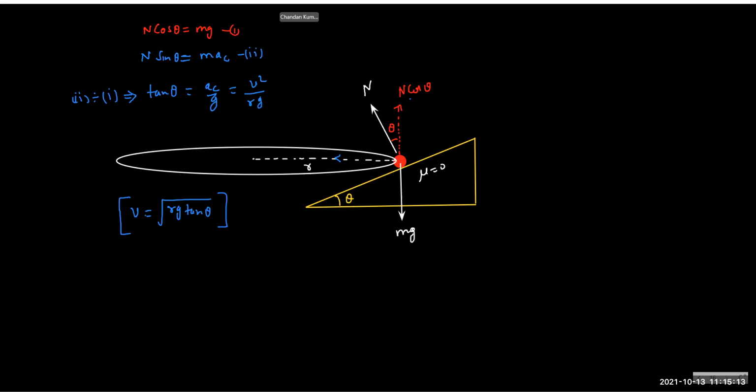So if I call it v naught, so if v is more than v naught, vehicle will slide up the plane.